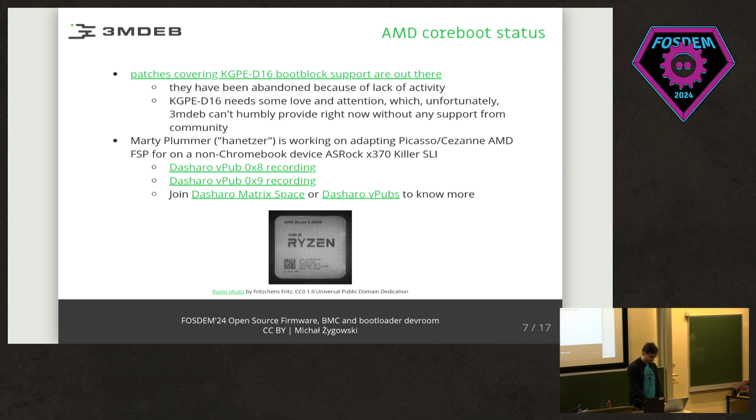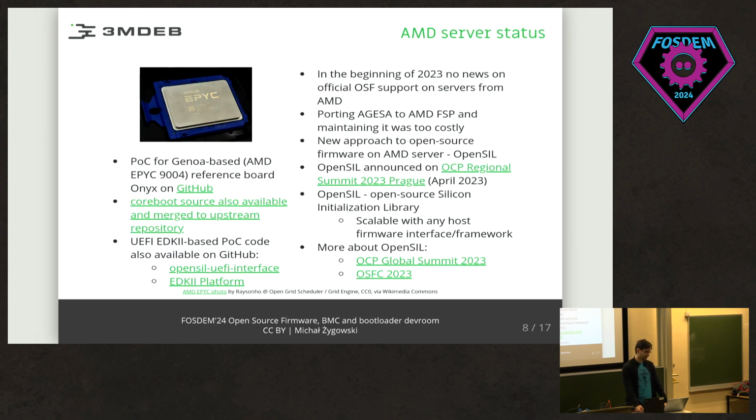But we also have some new initiatives which are much more promising than hacking with FSP on old platforms. And what I mean to say is servers. Something that was by many probably considered almost not possible, not long ago, to have open source firmware on servers.